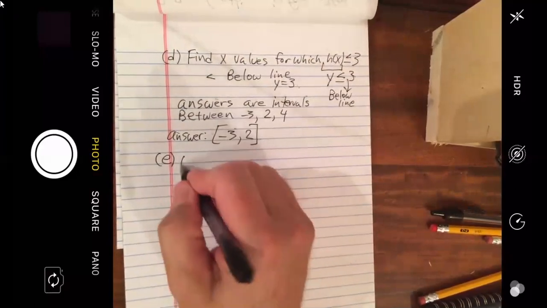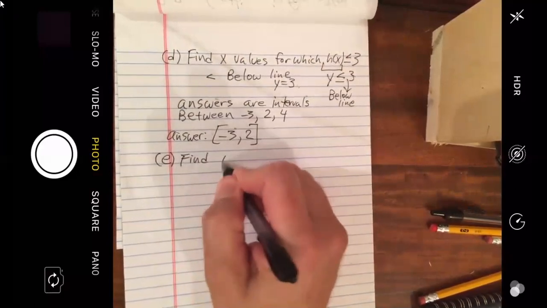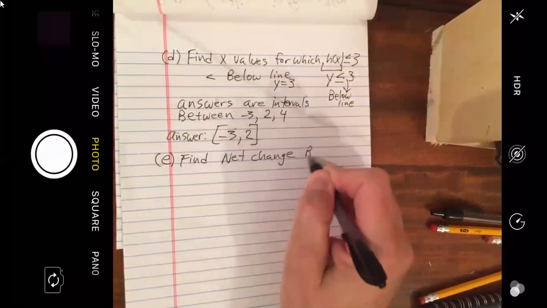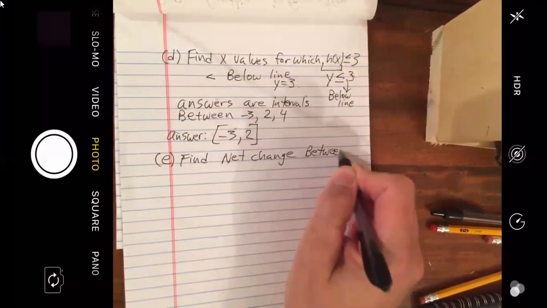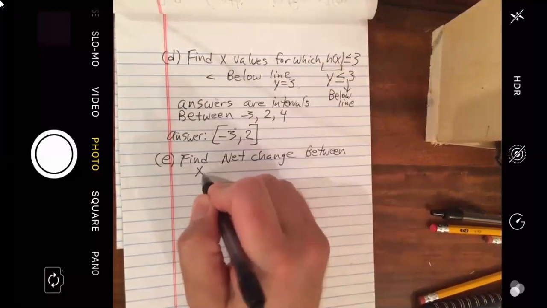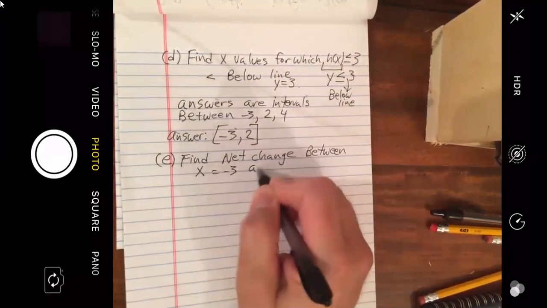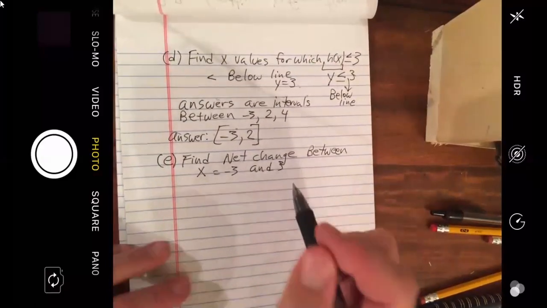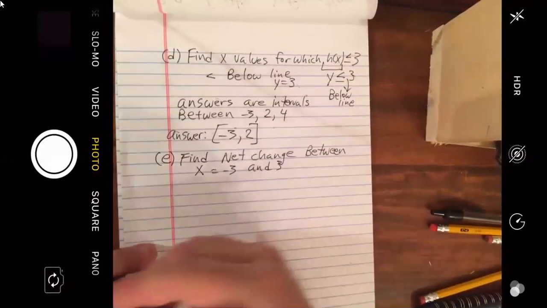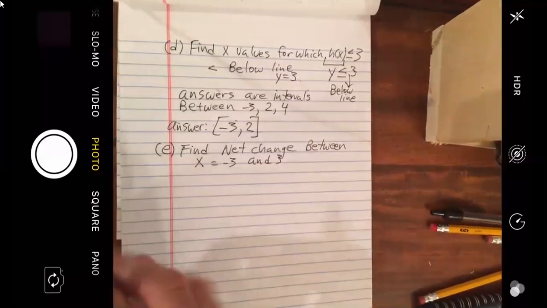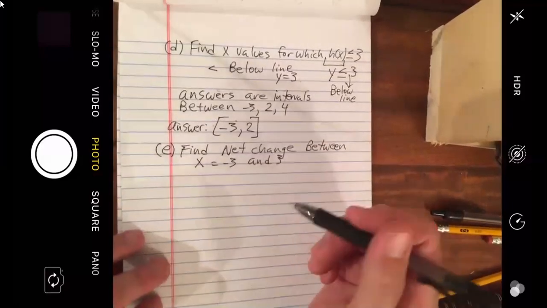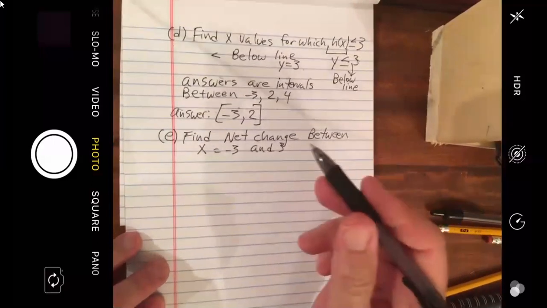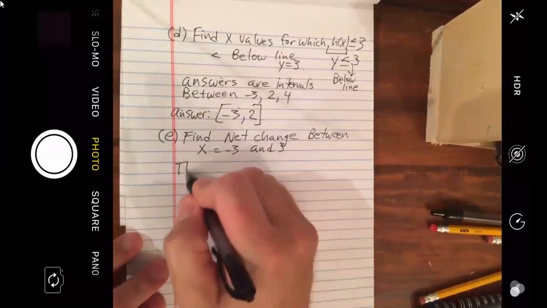It basically is find net change between two x numbers, -3 and 3. I have not mentioned net change because I did it very briefly, and they're making a lot bigger deal about it next section in 2.4. All right, this works off a slope.